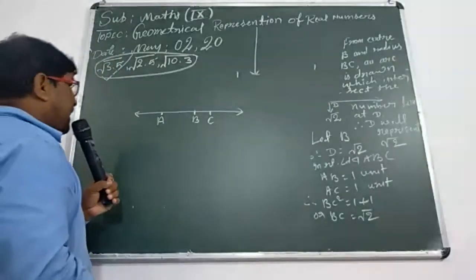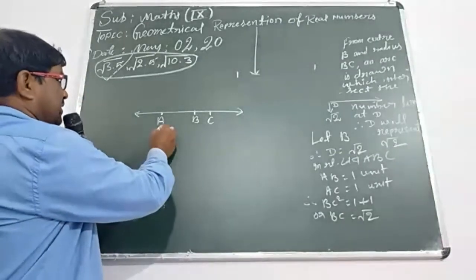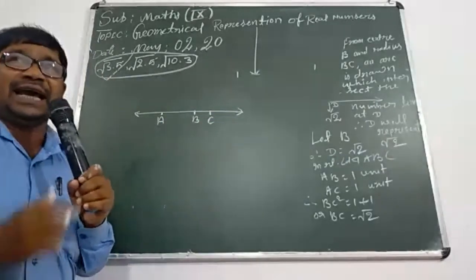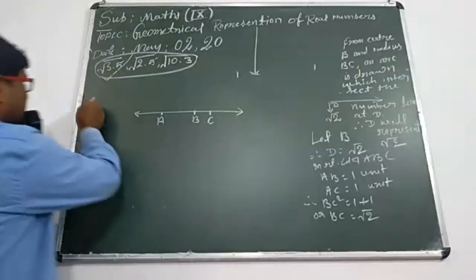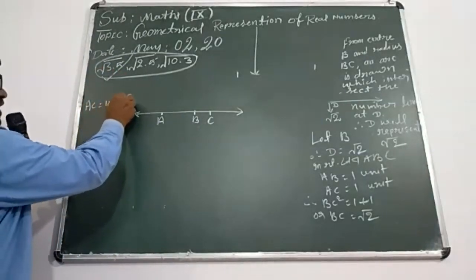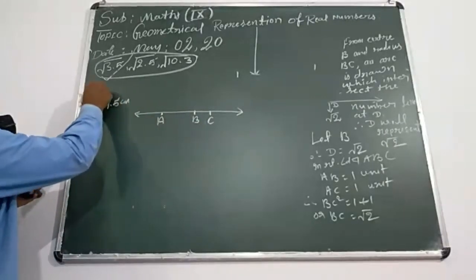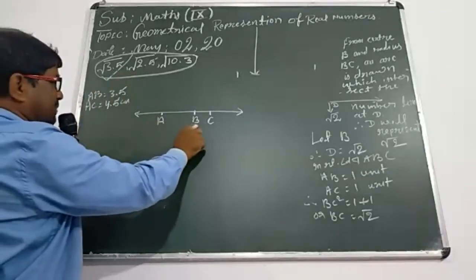Okay. Now student, I have the segment AC, and the measurement of AC will be 4.5 cm. Think, because AB is 3.5 cm. AB is 3.5 cm.